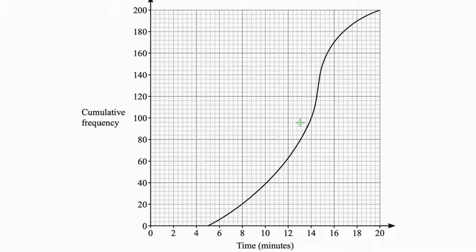Okay, so we can see the entire thing. So Q1 would be when CF is 1/4, so 200 by 4, which is 50. So let us start with the CF of 50, which is in the middle of this. So let us draw a line and see where it is touching.